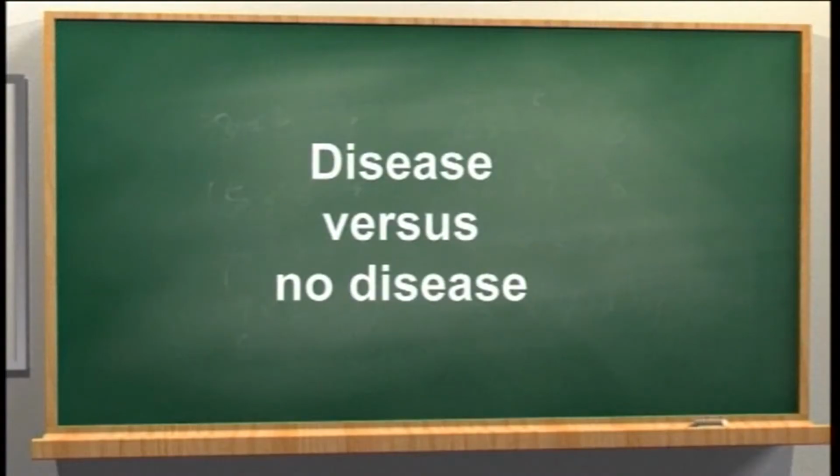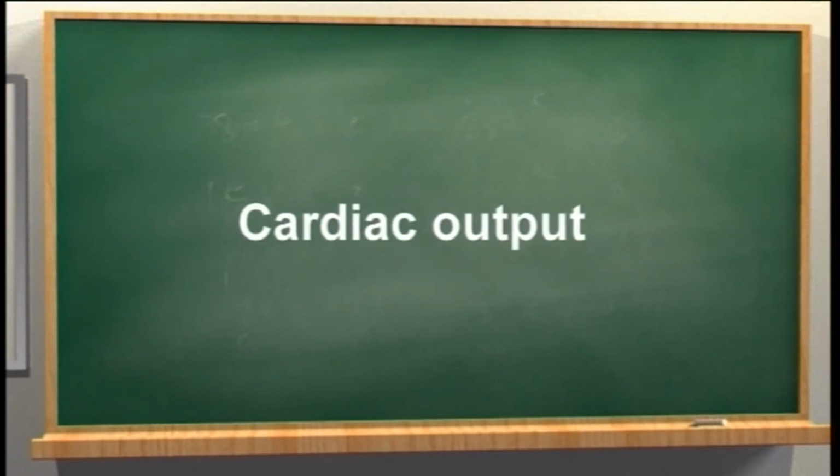Rank correlation can also be used in the situation where one wishes to compare ordinal or discrete variables such as disease versus no disease or cardiac output. These rank correlation methods are readily available on most computer statistics packages.